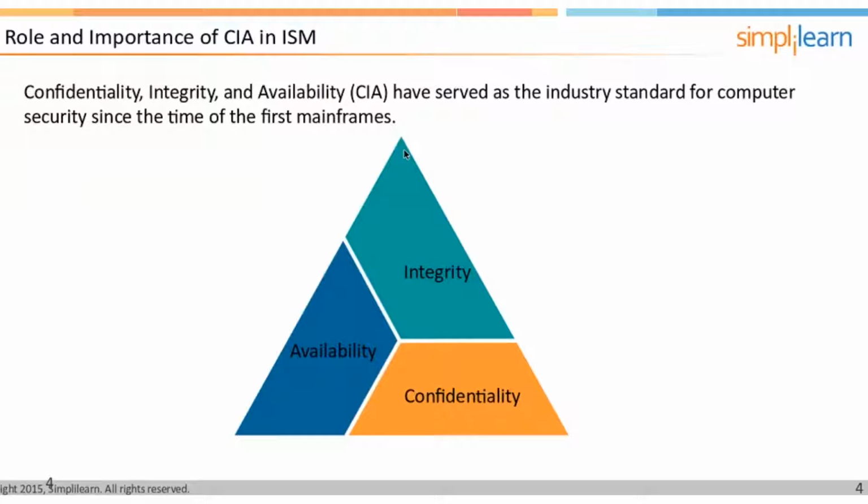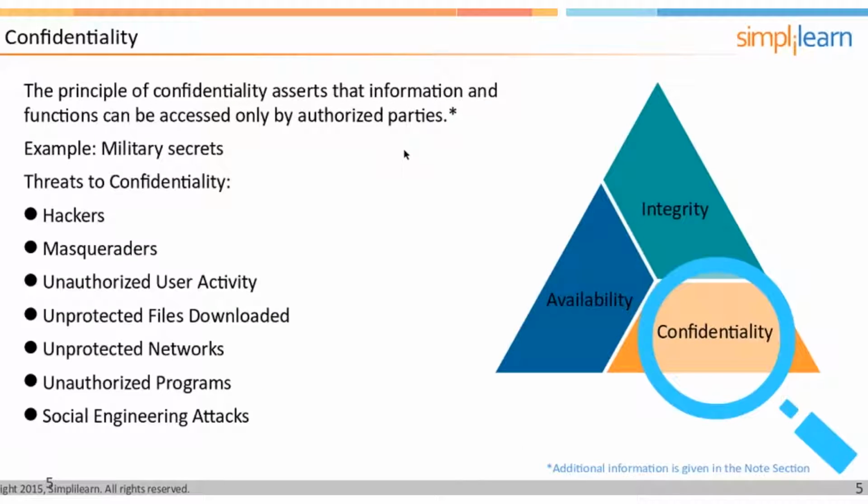Okay, so now let's get into the concept of CIA. CIA are the pillars of your security: confidentiality, integrity, and availability. As we discuss more about security, you will realize that everything we discuss is related to the CIA of the information. So let's begin. What is confidentiality? Who can explain confidentiality?